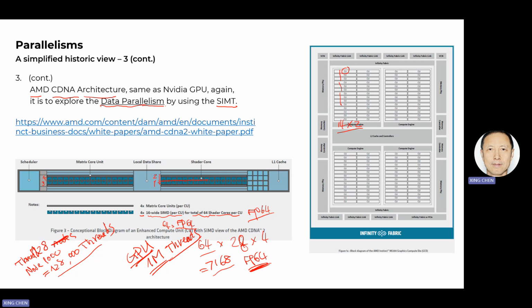And later on, we have the GPU, which from day one started to explore the data parallelism to deliver the performance to the industry. So from this very simple historical view, the conclusion we can draw is that data parallelism is a must-have to deliver the performance to the industry.